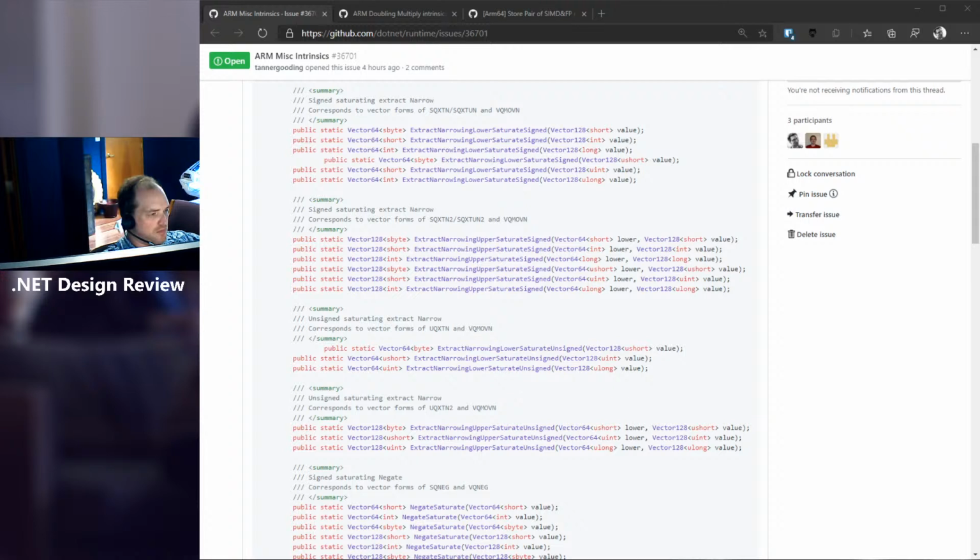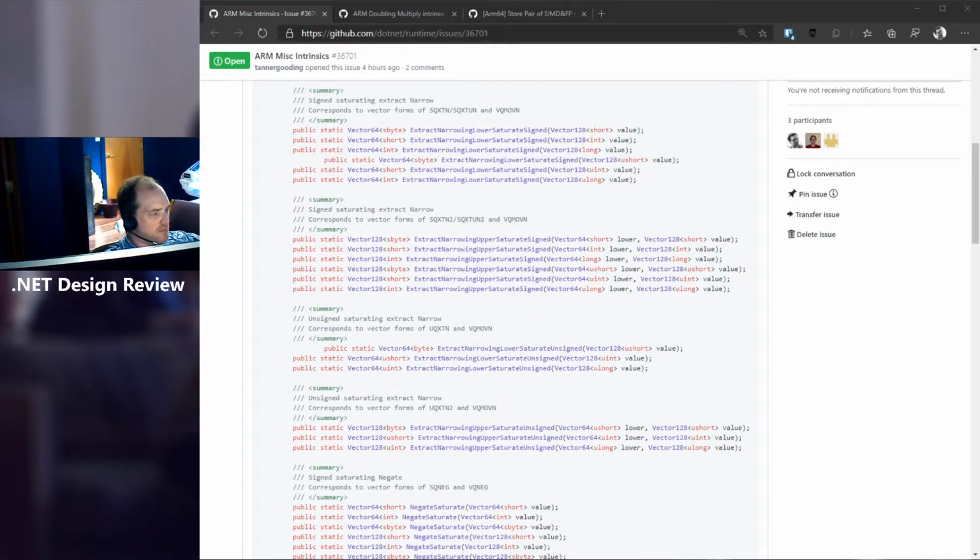Okay, so the only usage. So what is saturated signed? It looks like there is an instruction again that does saturating. Yeah, the UQ does unsigned.